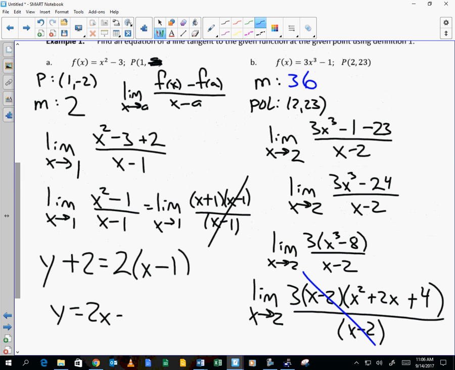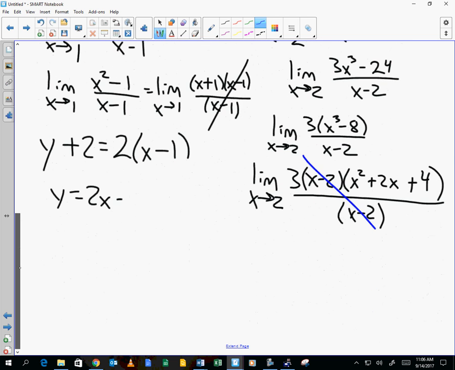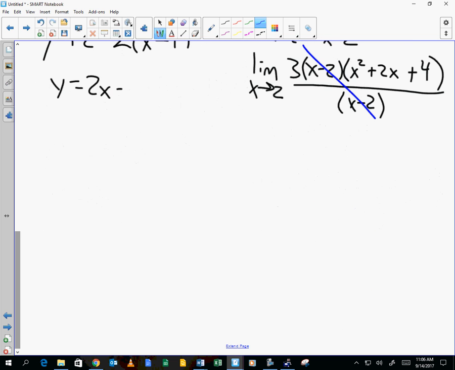Calvin, question. This? No. x plus 4 times x plus 4? So that'll be x squared plus 8x plus 16.